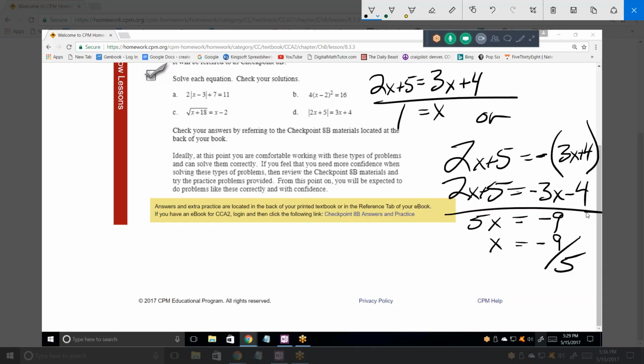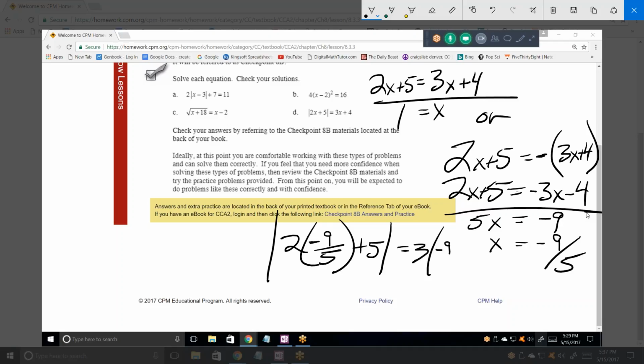Let's check minus 9/5. Is this a true statement? No.